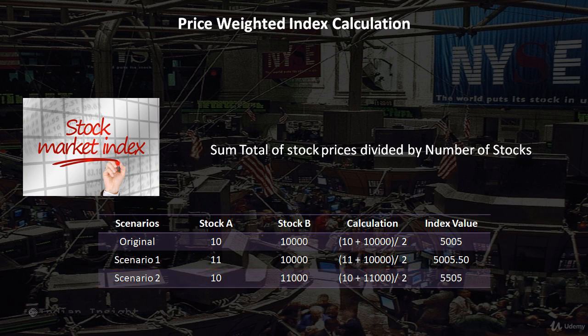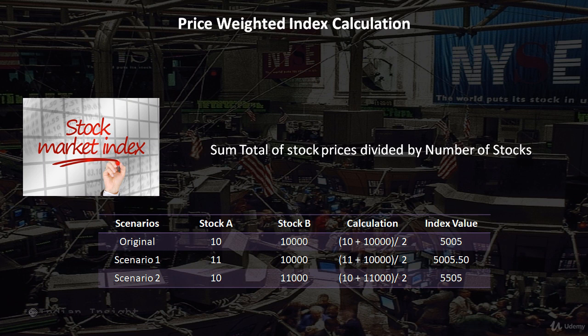Since both the stocks are given equal weight, the same percentage move in stock B may move the index more than the corresponding percentage move in stock A. So the key drawback with price weighted index is that a stock with higher price dominates the movement in the index, and so such an index is not truly representative of the stock market.